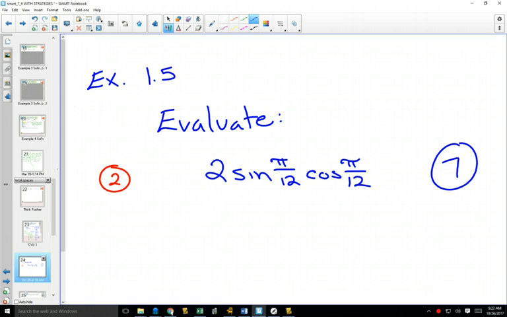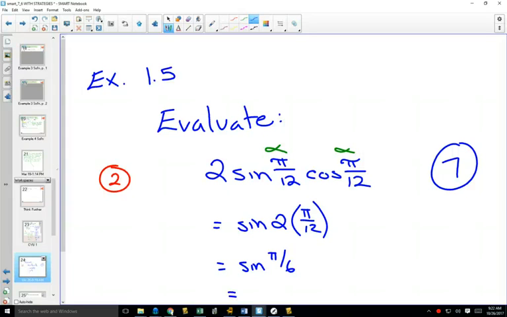So if alpha is my pi over 12, then I can rewrite this as sine of 2 times pi over 12. And does that simplify? Sine of pi over 6. And that's equal to 1/2.